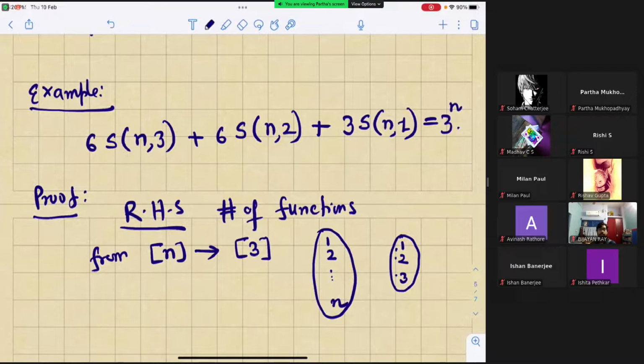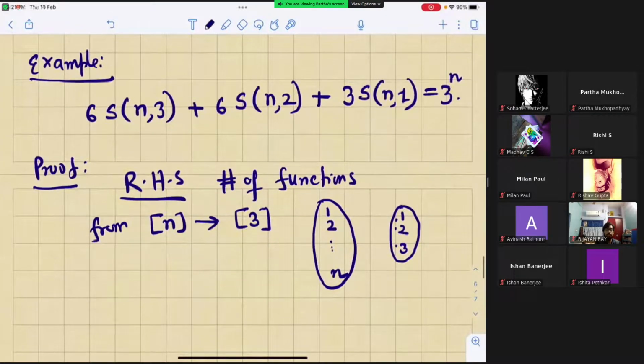Try. So I guess the first term is the number of surjective functions from 1 to n to 3. Right. Exactly. And the rest are surjective functions from 1 to n to a subset of size 2. Exactly. Your idea is correct.